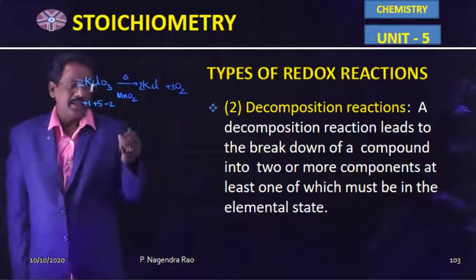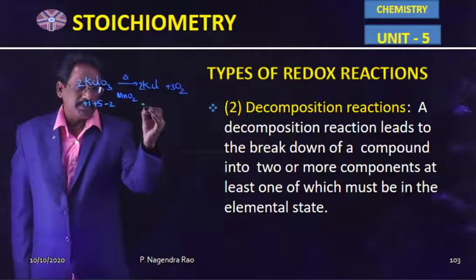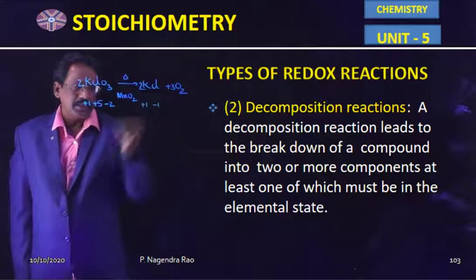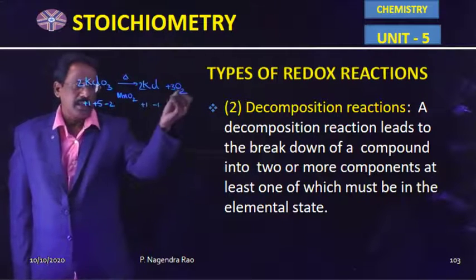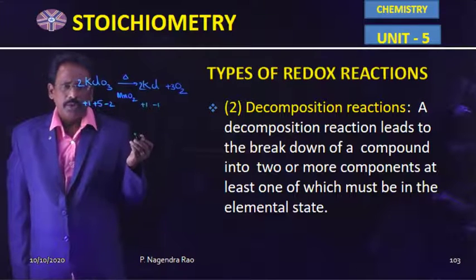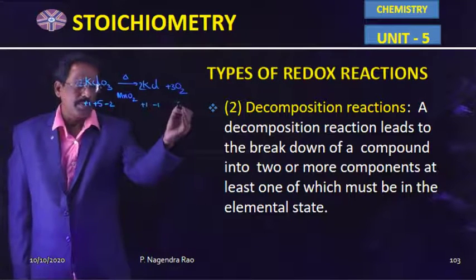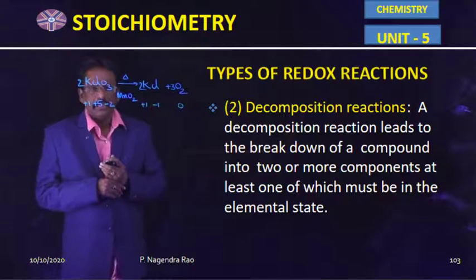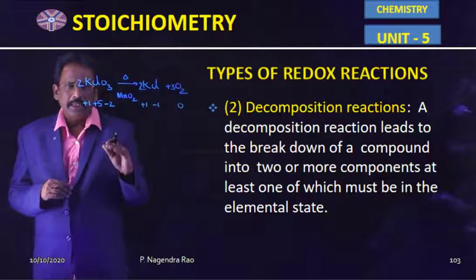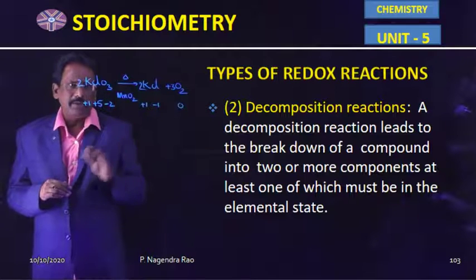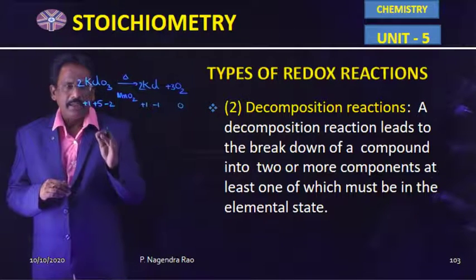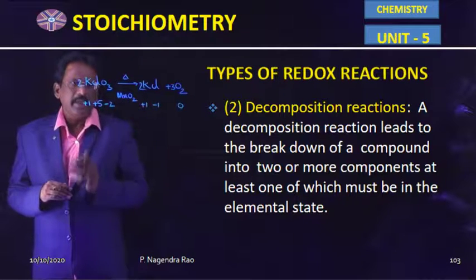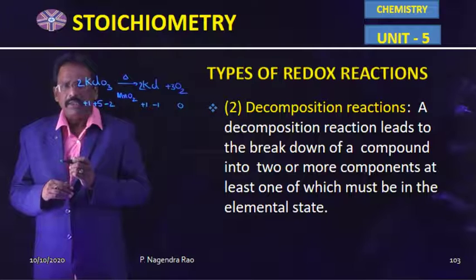Similarly, in KCl compound, potassium oxidation state is +1 and Cl oxidation state is -1. O2 is one of the examples of a homoatomic molecule. That's why its oxidation state is 0. Now compare the oxidation number values of the similar elements in the reactant side and the product side. Here potassium oxidation number is the same.